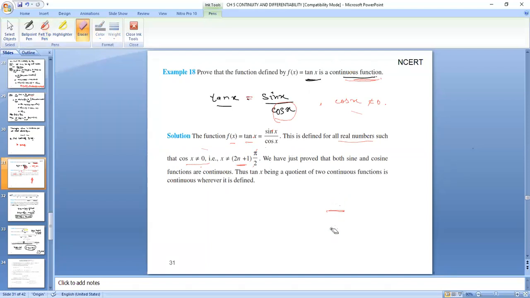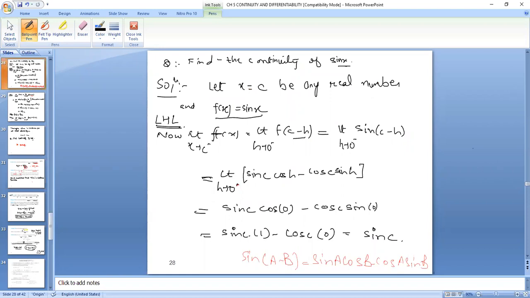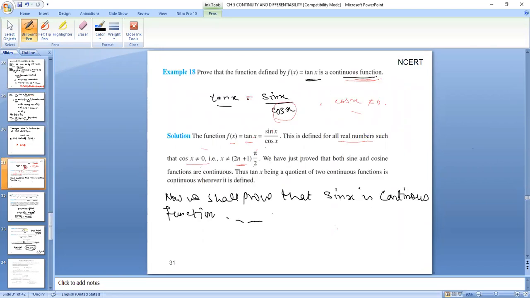After that, you will prove that, now we shall prove that sin x is continuous function. So you will prove it just the way we have proved it above.